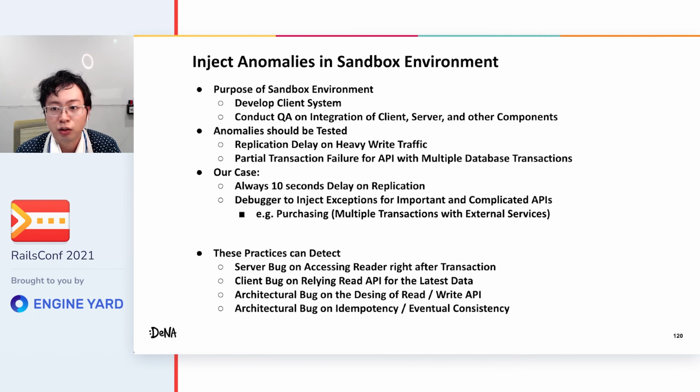In our case, we always had 10 seconds of application delay, and we implemented a debugger to inject exceptions for important and complicated APIs. These practices can detect server bugs on accessing readers, client bugs on relying on read API for the latest data, and many architectural bugs in the design of read-write API, idempotency, and eventual consistency.